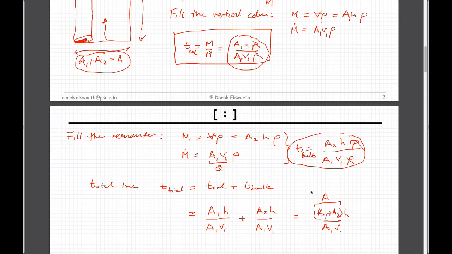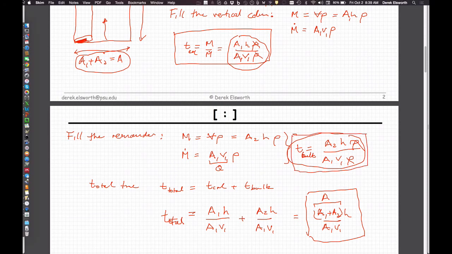You add them together, and this expression here is T total, which is exactly the same as we had before. And so this is the expression, if we use all these different control volumes, that will end up mimicking the part to fill up the base. Okay? See how far we get with the other stuff.